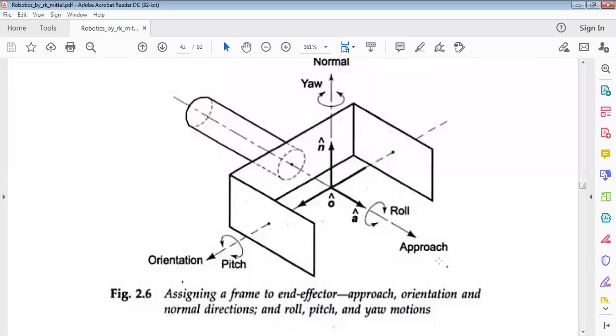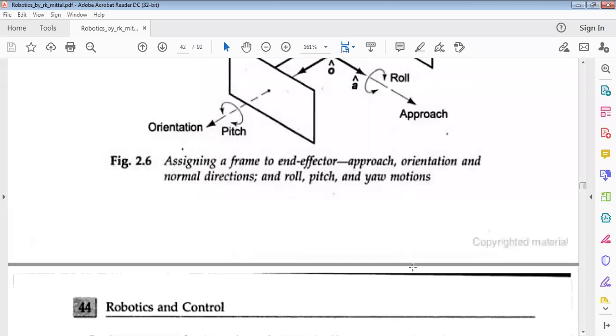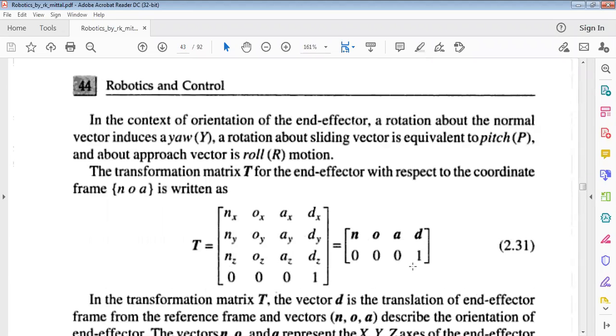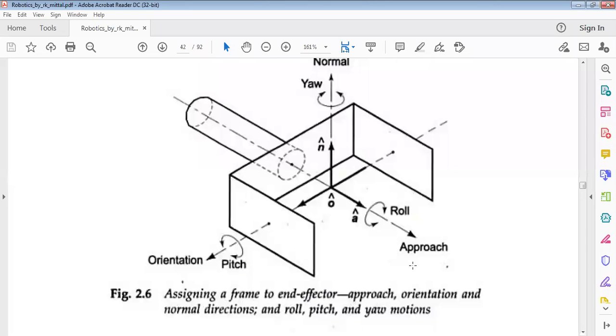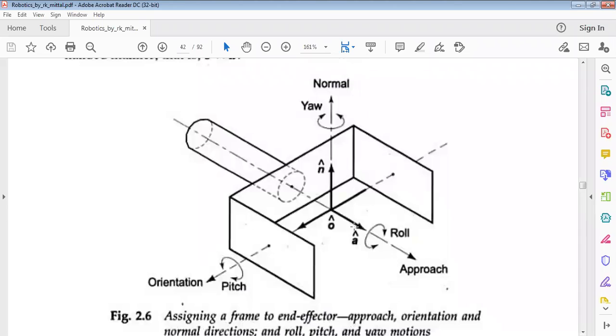In this way, we need to assign a coordinate frame to the end effector. If the end effector rotates about the z-axis or approach vector, that kind of motion is rolling motion.